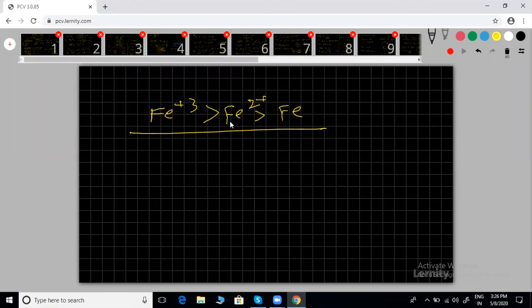But here again there are some exceptions for electronegativity also. Gallium has more electronegativity than aluminum. With respect to gallium and aluminum, we gave too many exceptions. You have to remember every case. Clear? Which is the highest electronegative element? Fluorine.